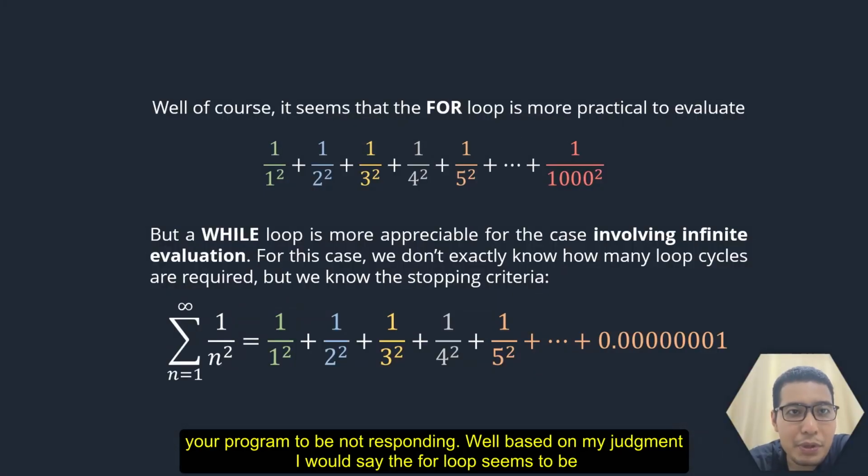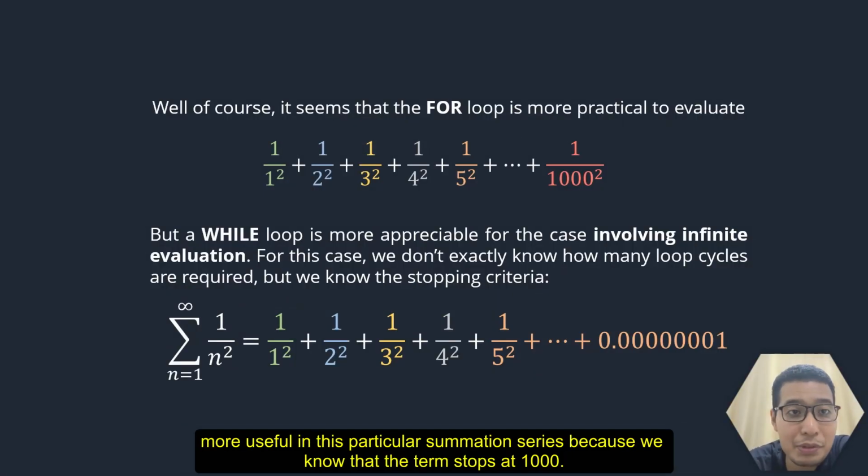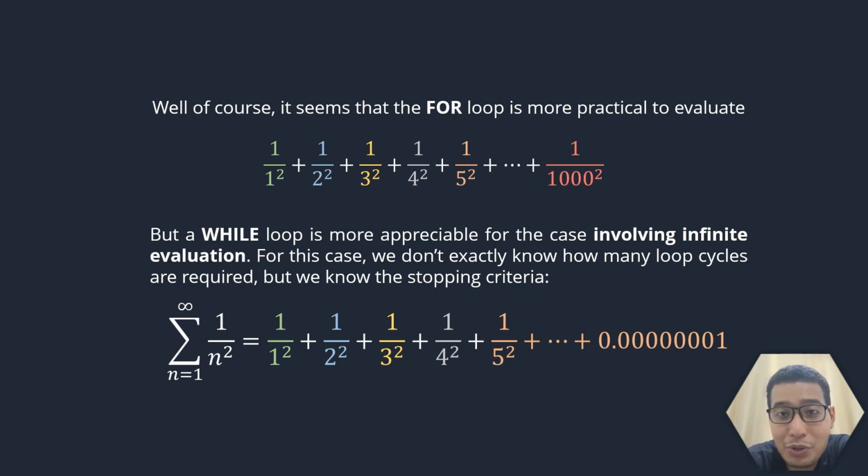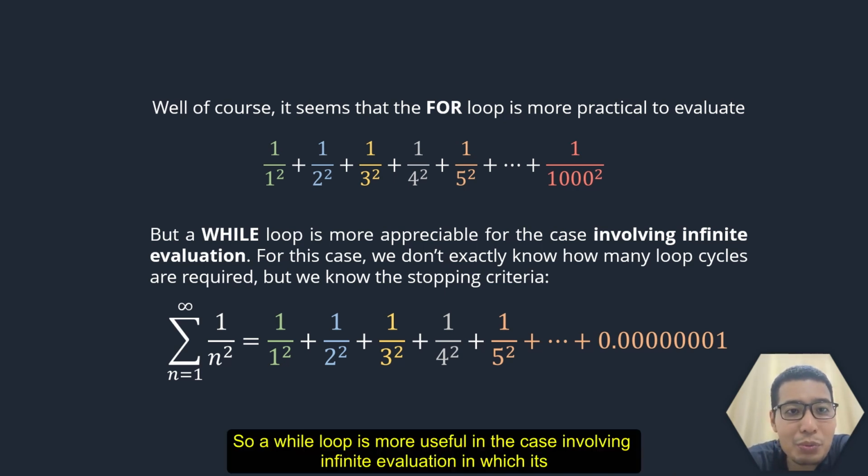Well, based on my judgment, I would say the for loop seems to be more useful in this particular summation series, because we know that the term stops at 1000. So a while loop is more useful in the case involving infinite evaluation, in which its termination is based on a stopping criteria.